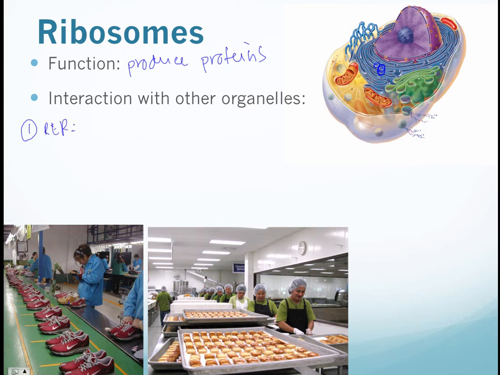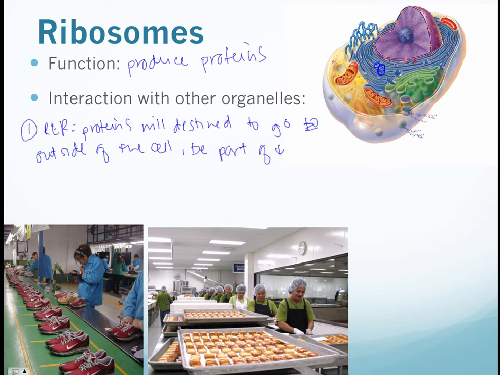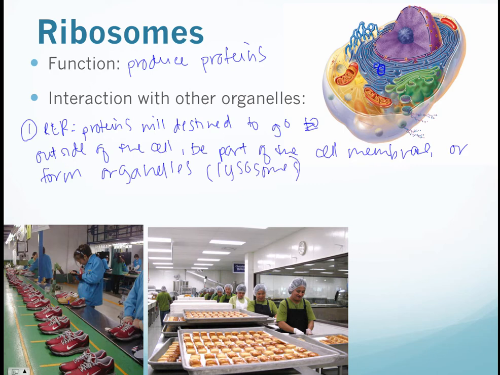And if the ribosomes are found along the rough ER, these proteins will be destined to go outside of the cell, be part of the cell membrane, or form organelles, okay, specifically lysosomes. All right.